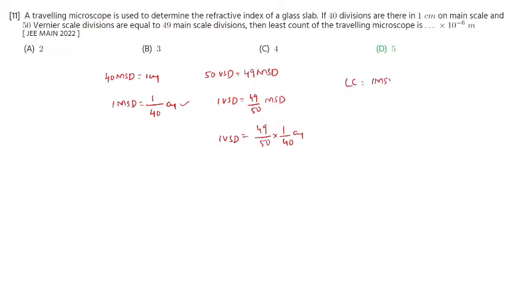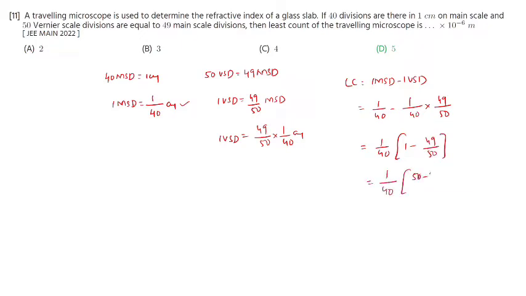So 1 MSD minus 1 VSD, which is equal to 1 by 40 minus 1 by 40 into 49 by 50. So here if you take 1 by 40 common, 1 minus 49 by 50 we will get, so 1 by 40 into 50 minus 49 divided by 50, so it is 1 by 2000.